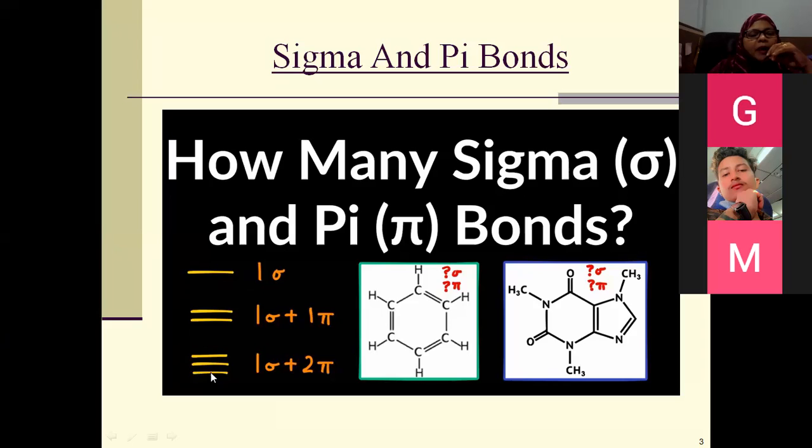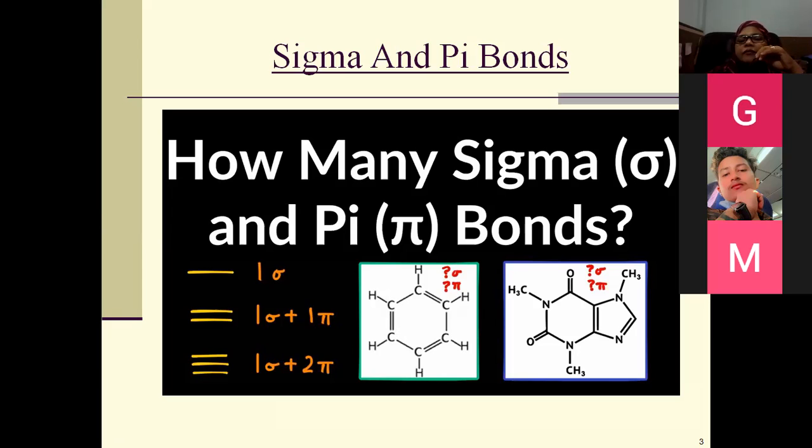The top and bottom are pi bonds and the middle one is the sigma bond. So can you tell me how many sigma and how many pi bonds are present in this benzene structure? I have put a question mark on sigma and pi bonds.